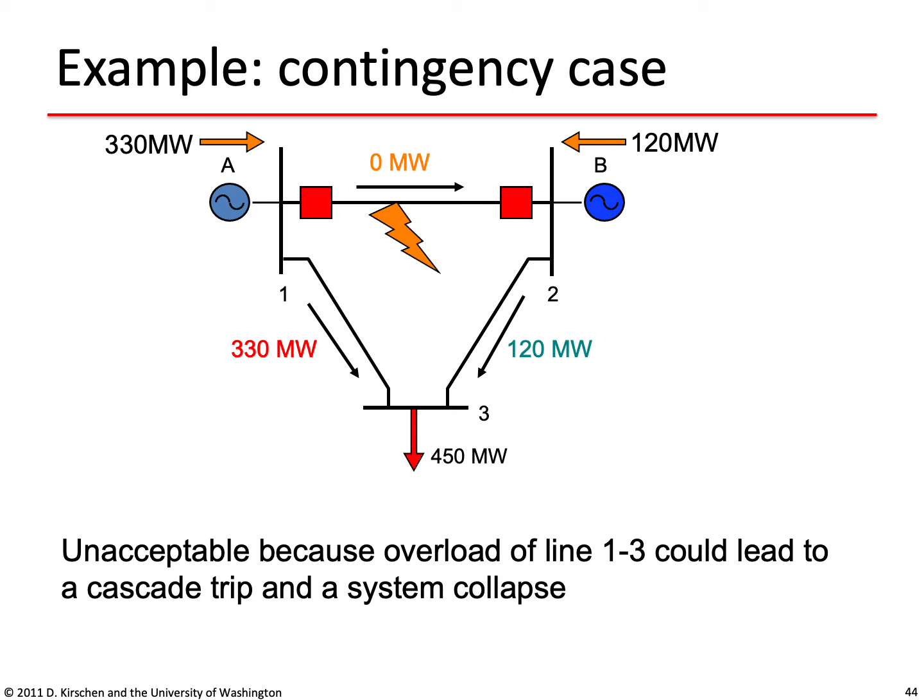This will overload the line, and under these contingency conditions, the system will not be stable because this line 1-3 would then soon trip. Therefore, this OPF solution does not satisfy the security constraints.